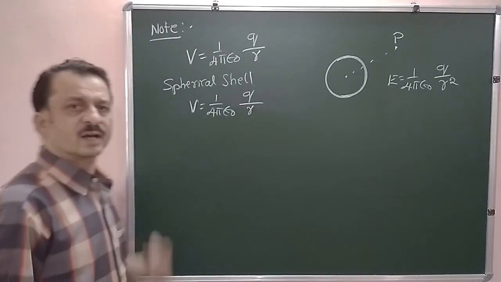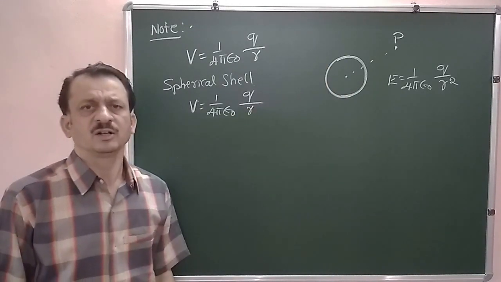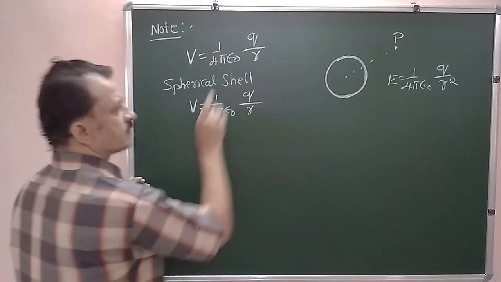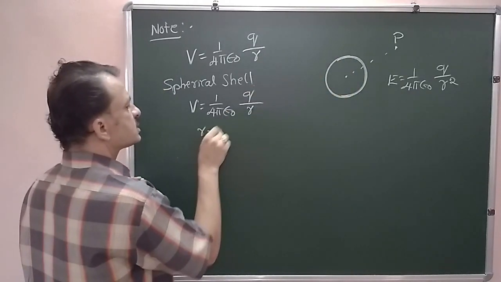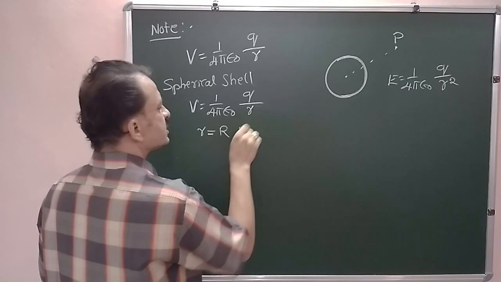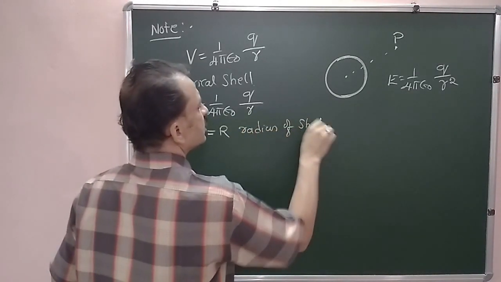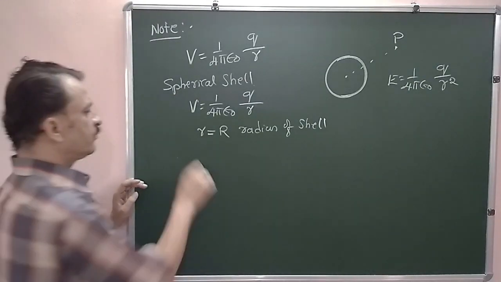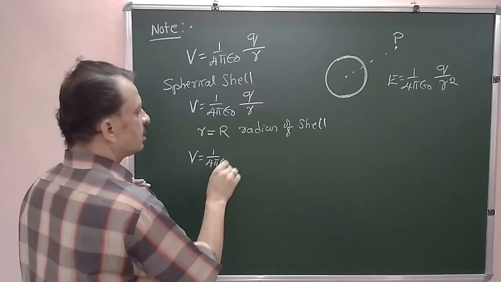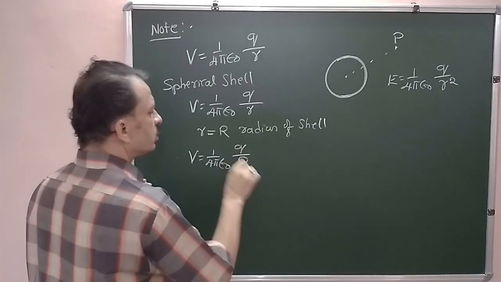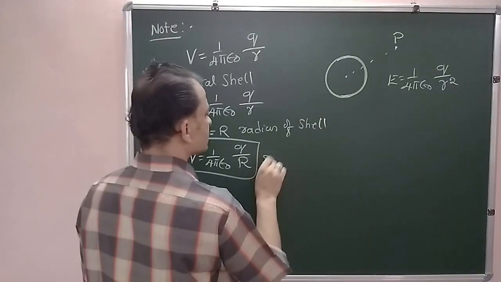Now, if the point P is on the surface of the shell, then small r is equal to capital R, which is the radius of the spherical shell. Therefore, the potential on the surface of the spherical shell is Q divided by capital R, times the constant.